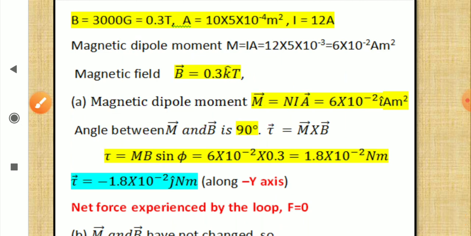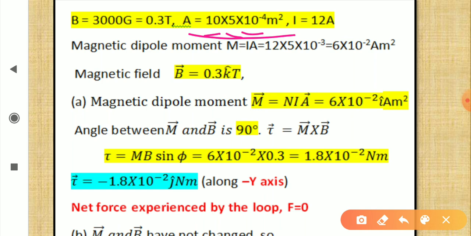The area is 10 centimeter length into breadth, and you have to convert it to square meter, so multiply by 10 raised to the power minus 4 square meter. The current is 12 ampere. Now the magnetic dipole moment is IA, and simplifying it, you get 5 into 10 to the power minus 3 and this much.